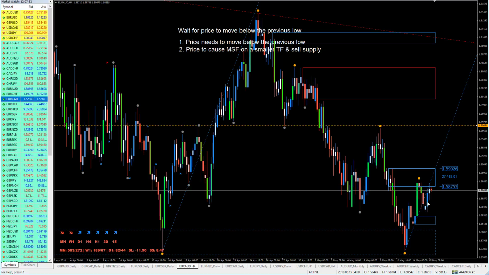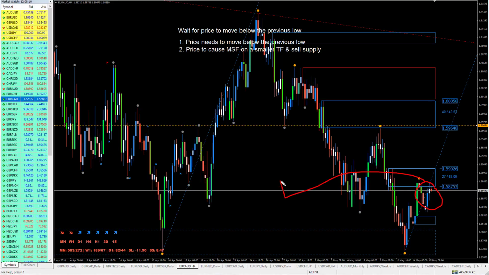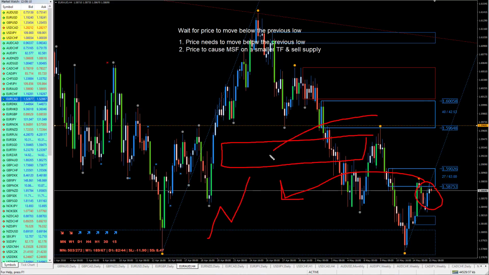I'd prefer it if price moved below this trend line point, which hasn't happened yet. So I wouldn't sell. I would prefer to look at this area just here, and I would want price to move into that, as we showed a second ago, how price does something like this, kind of high, and this is this one here.